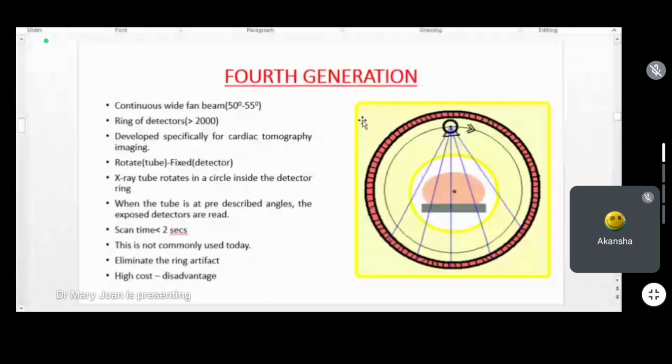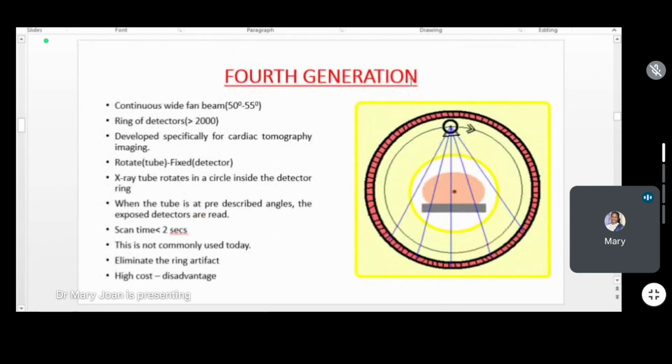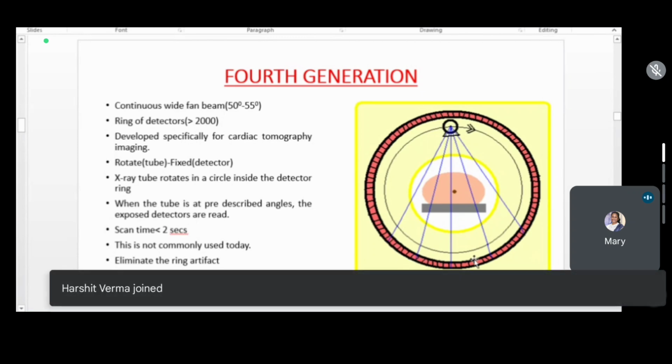In the third generation, we had multiple detectors, fewer in number, but in an arc, part of a circle. So this arc needed to move while we acquire information. In the fourth generation, we had a circle of detectors which is fixed, and the X-ray tube moves, and depending upon the position of the X-ray tube, the corresponding detectors will be read to get the information.